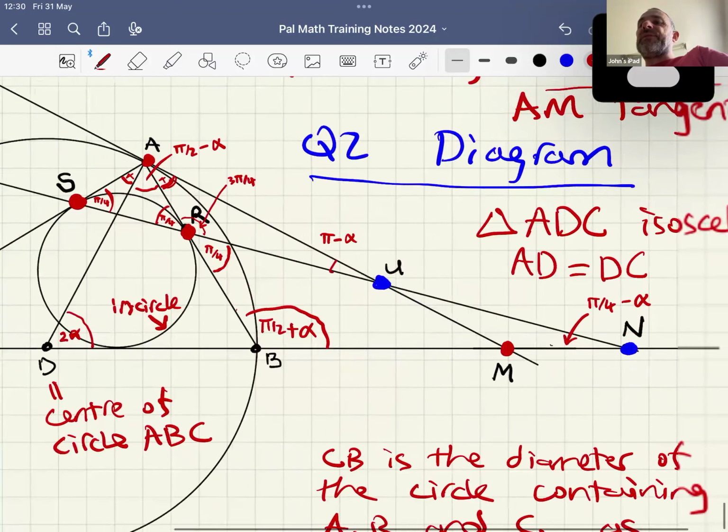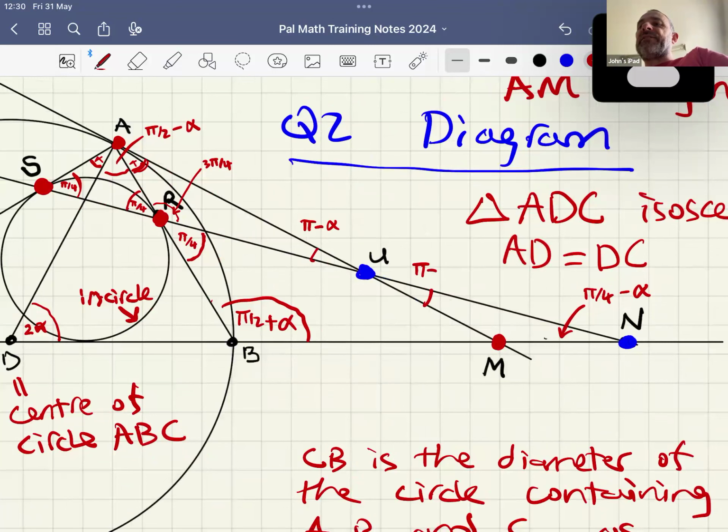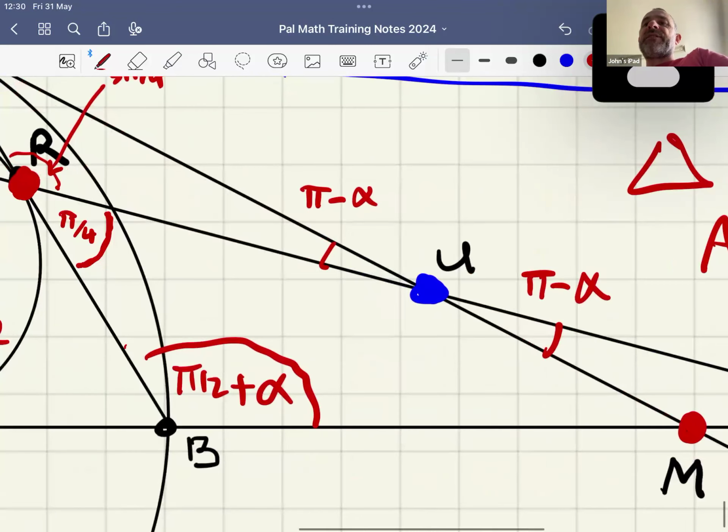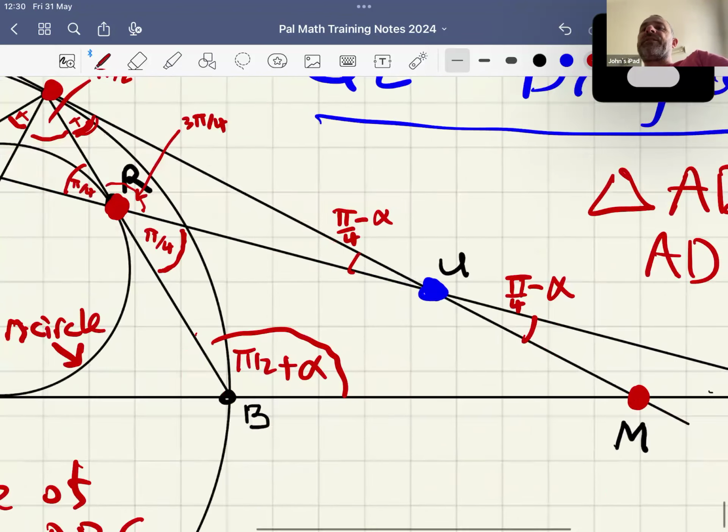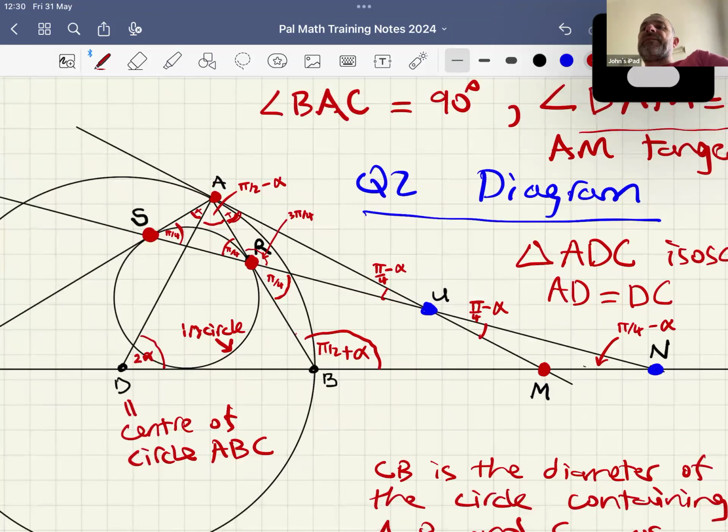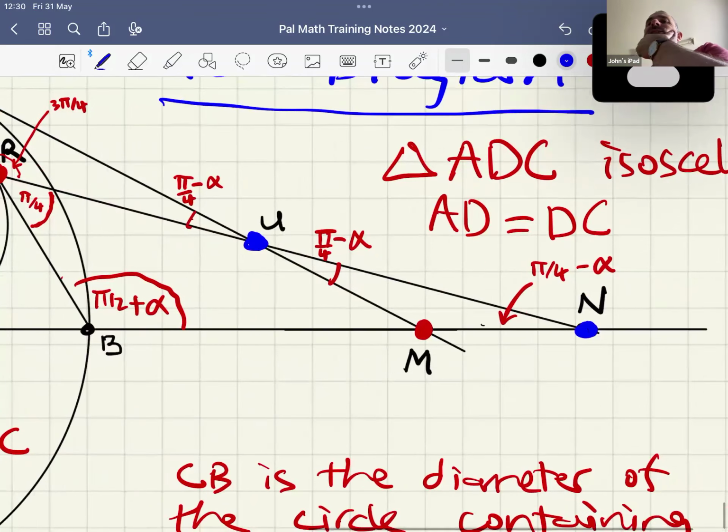And therefore, this angle is also pi over 4 minus alpha, because the sum of this angle and this angle has to be 180. Okay, and we have equal angles, so you can see that I've shown that we've got an isosceles triangle here.